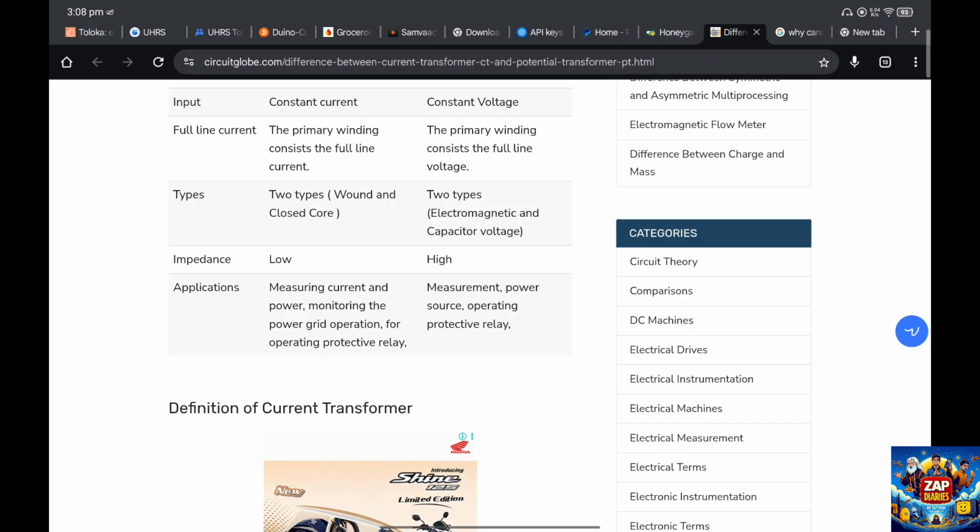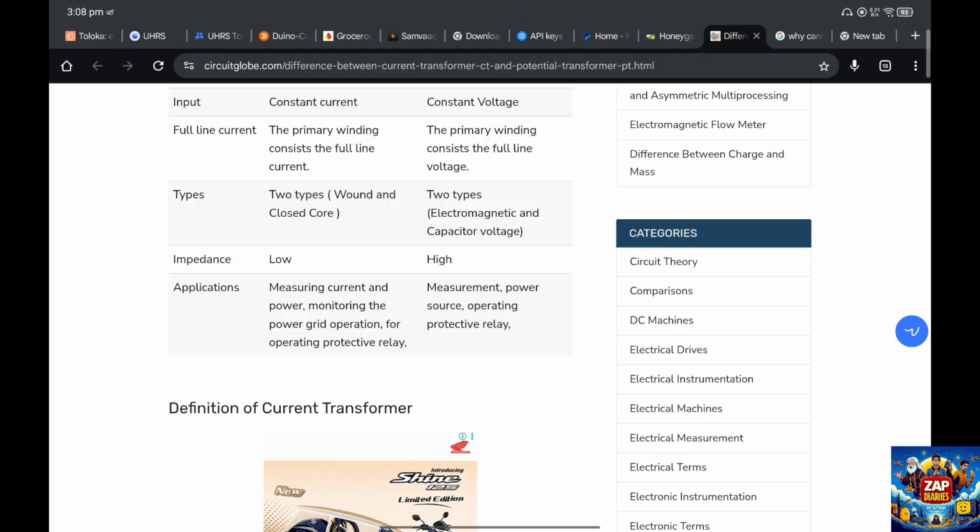And for the applications, you can take it from here: measuring current and power, and monitoring of power system grid operation. CTs also act for operating protective relays. Protective relays are those which disconnect the operating side from the high voltage side. And the PTs are used for measurement.